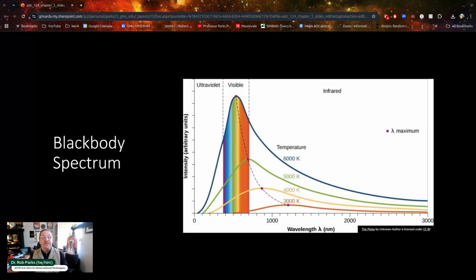It shifts to the right if you go to cooler objects, meaning that the most energy produced as a function of wavelength moves towards the redder end of the electromagnetic spectrum for colder objects. It still emits light in other wavelengths, but just not nearly as much.